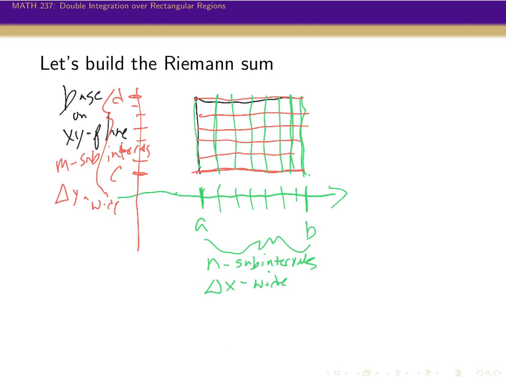So if we zoom in on one of these boxes, let's say that this is the ith interval in terms of x, and this is the jth interval in terms of y.